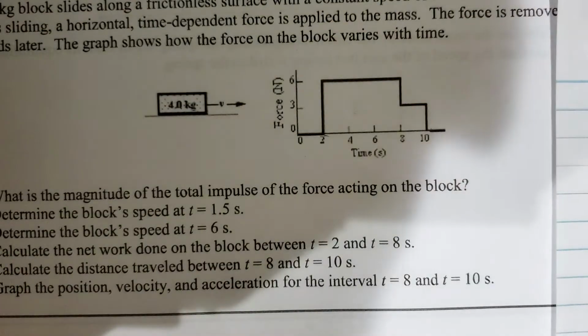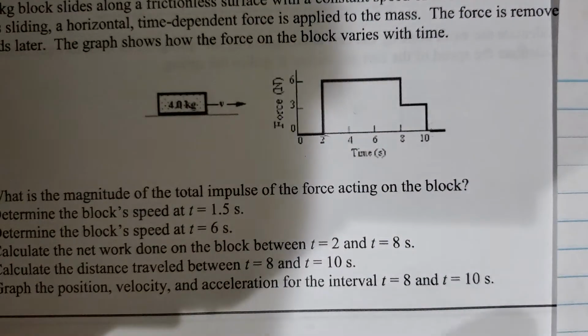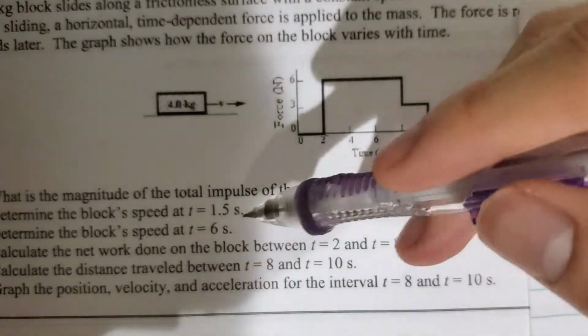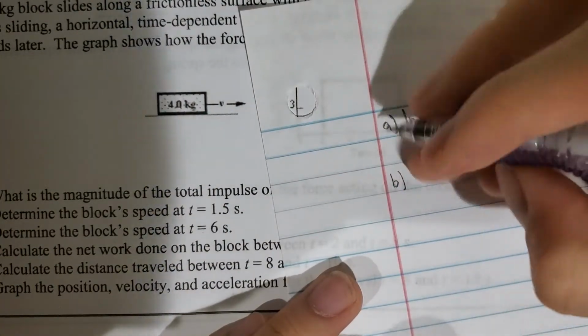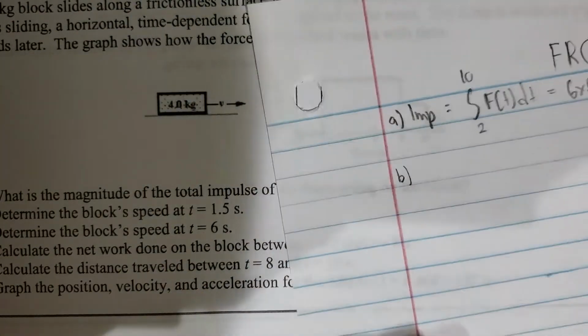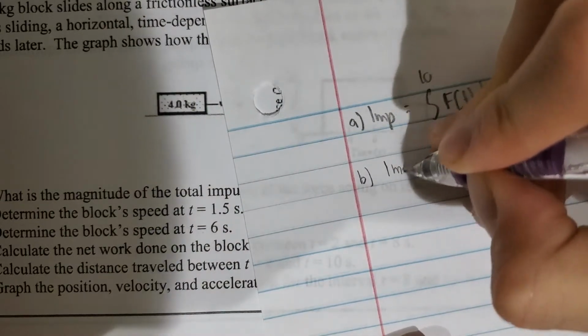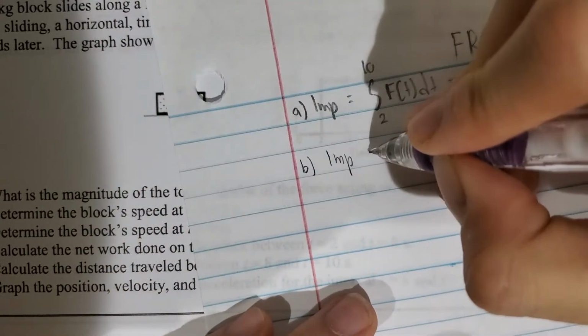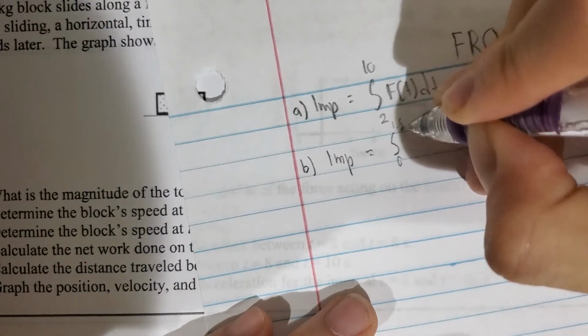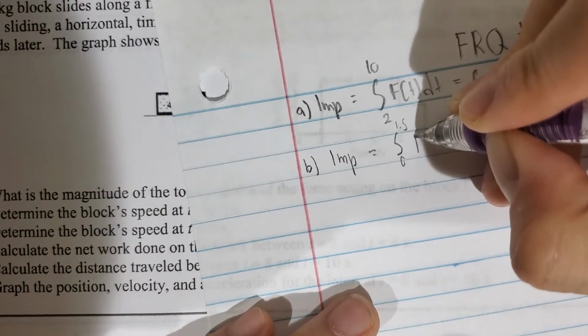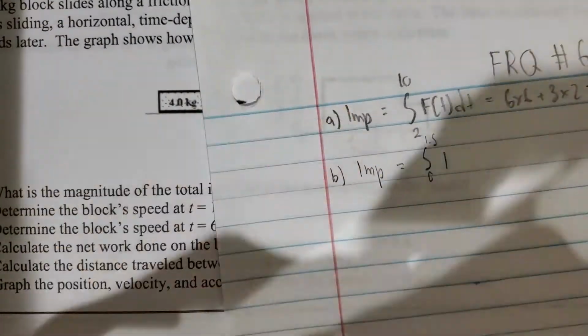Now part B wants me to determine the speed at t equals 1.5 seconds. Alright. To do this, I'm going to use impulse. Impulse from 0 to 1.5. Oh, actually, I don't need impulse.